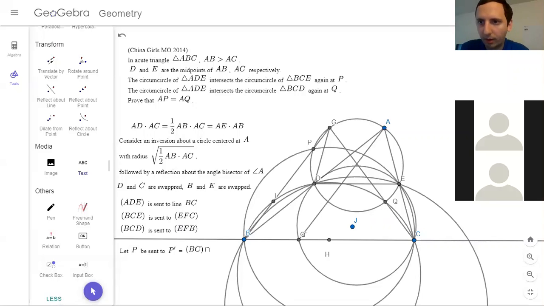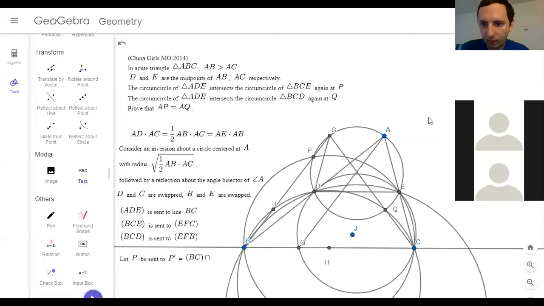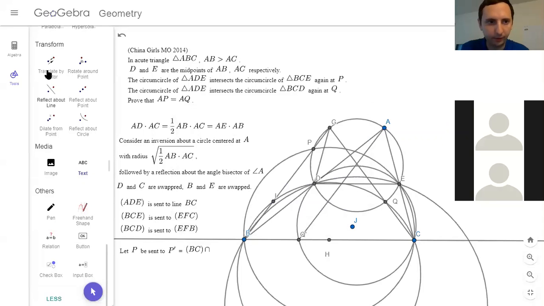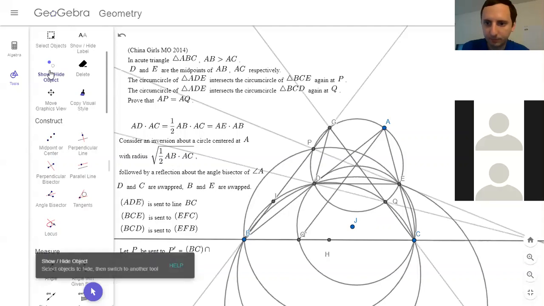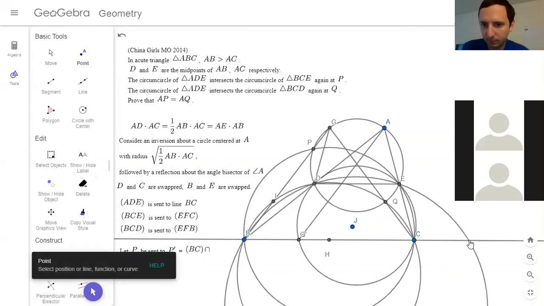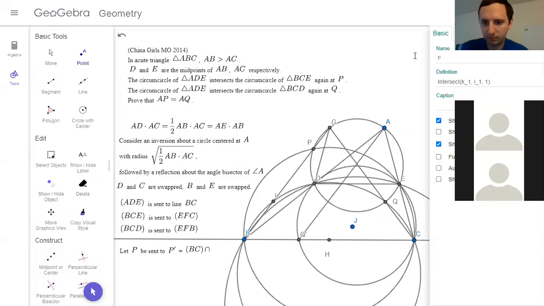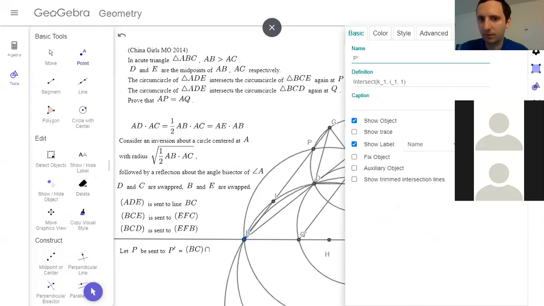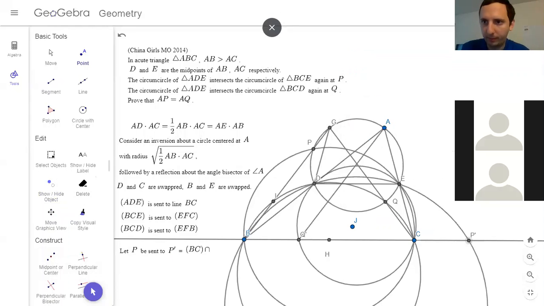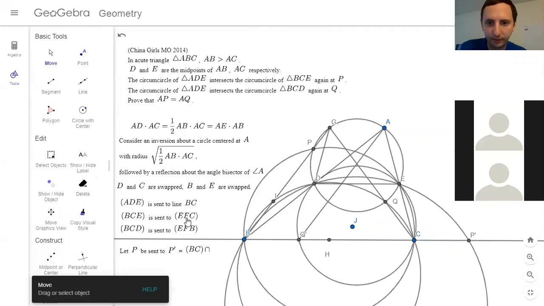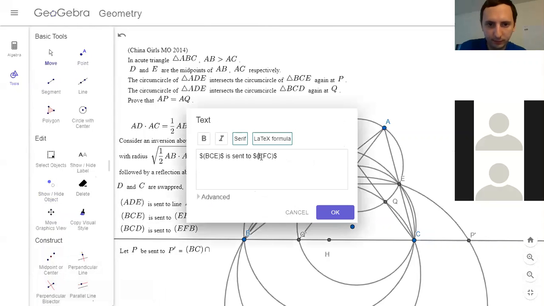So let's see. Where's P prime? I think I accidentally deleted it, but it would be BC intersect, there is no point F. This should be DEC and DEB.